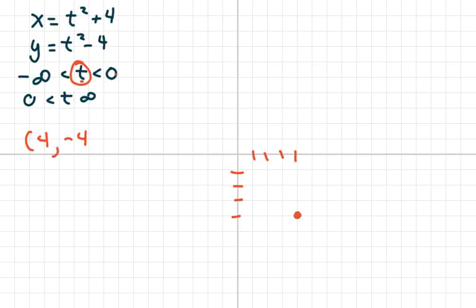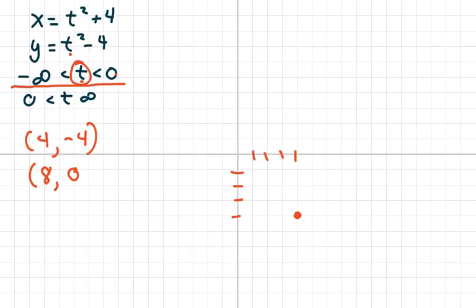Now, let's look at some of the numbers that are less than 0. Let's plug in negative 2. Negative 2 squared is 4, so x would be 8, and negative 2 squared here is 4 minus 4 is 0.